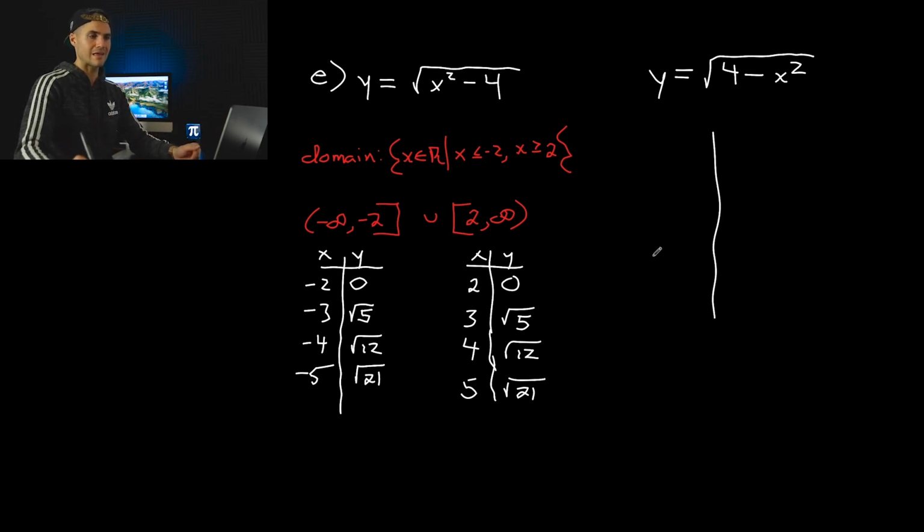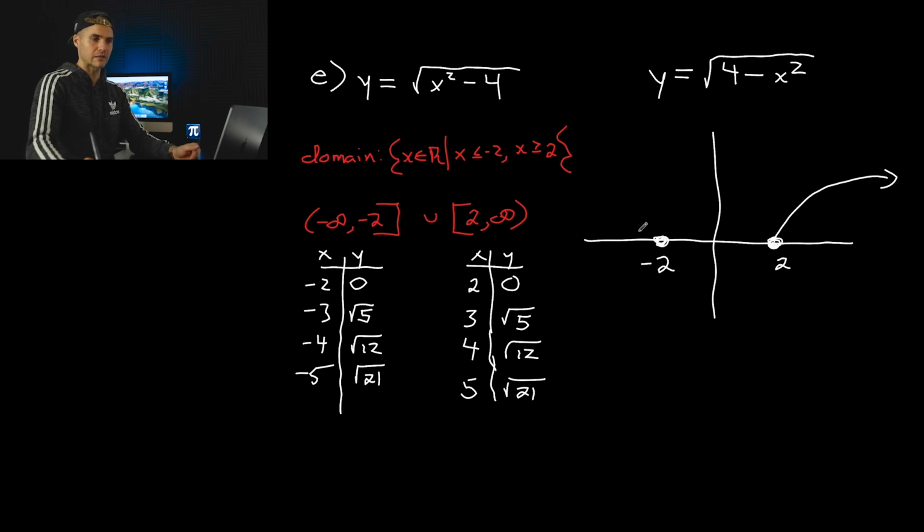So the way that this relation is going to look is, okay, at 2, and then at -2, it's going to equal 0, and then the y values just become positive, like this, right, and it's symmetrical. And so that's how it's looking.